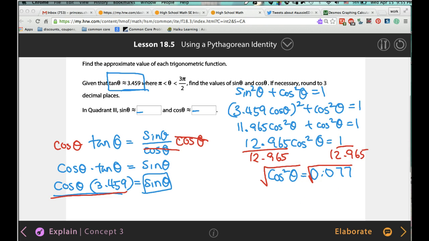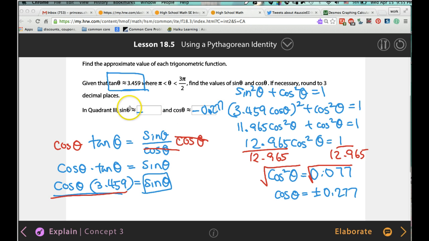And when we do that, we're going to all of a sudden have a positive and negative, right? Positive and negative, and then I'm going to use my calculator to find the value for that. And that gave me 0.277. So now we know cosine is what? Oh, I already put a negative here, right? Because it was in the third quadrant. So my answer is negative 0.277. I still have to find sine.